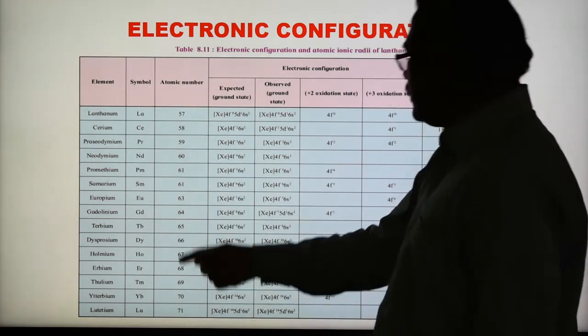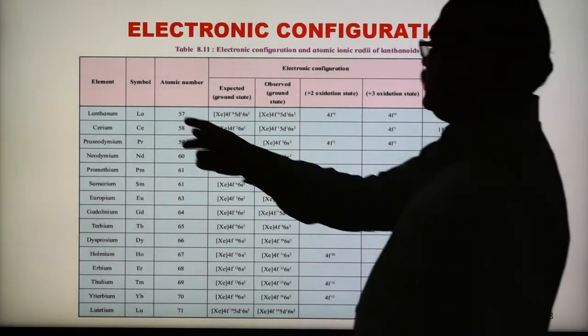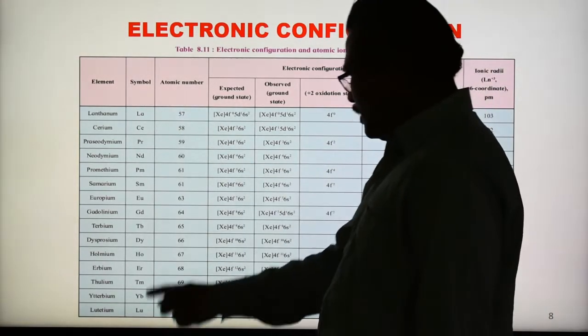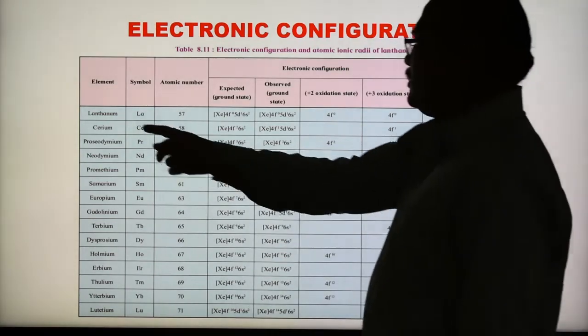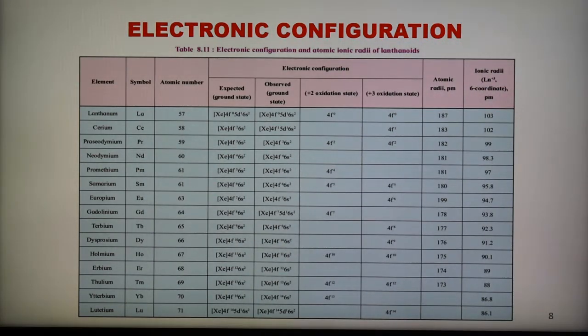You have to remember all the 14 elements, starting from lanthanum up to lutetium. The names are also given here. The elements are lanthanum, cerium, praseodymium, neodymium, promethium, samarium, europium, gadolinium, terbium, dysprosium, holmium, erbium, thulium, ytterbium and lutetium.